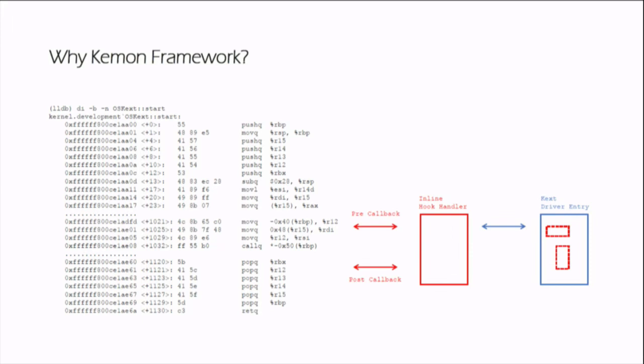By using this framework, I can add new features to any function I care about. The idea of the pre- and post-operation callback architecture is actually borrowed from the Windows kernel. Generally speaking, in the pre-callback handler, I can filter the input parameters, and in the post-callback handler, I can reset the function's return value if needed.